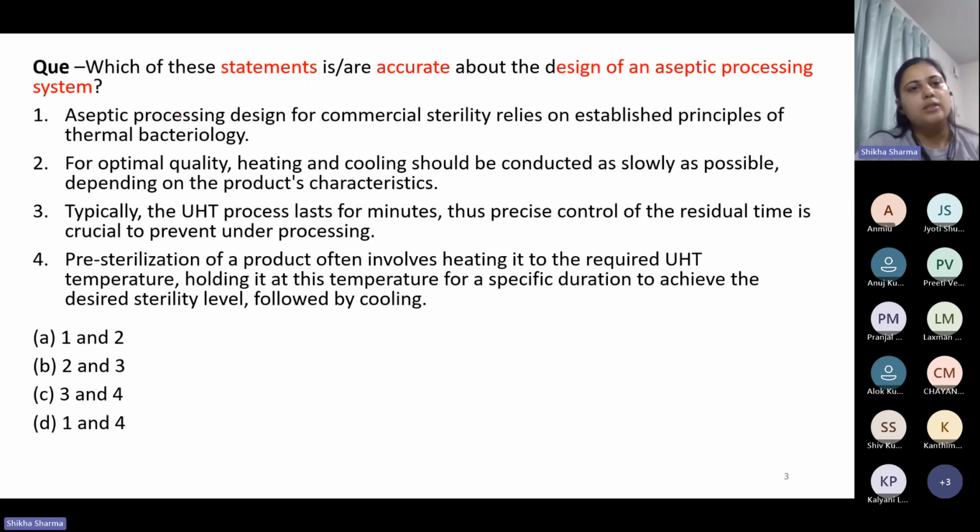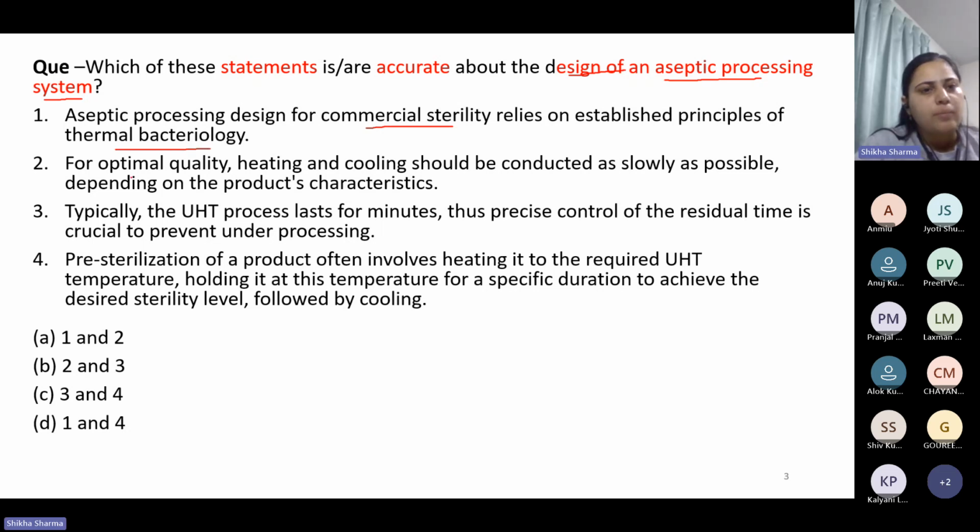This is our first conceptual question about aseptic processing. Which of the following statements are accurate about the design of aseptic processing systems? Statement 1: aseptic processing design for commercial sterility relies on established principles of thermal bacteriology.